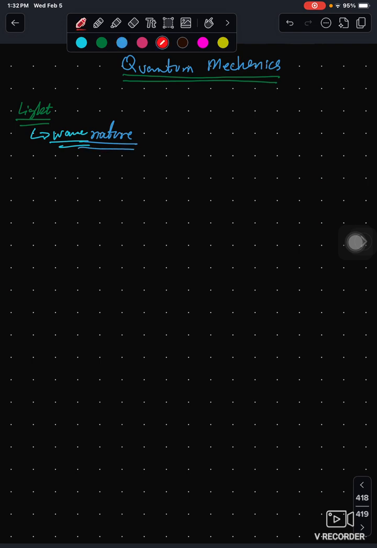Now, what light actually is, is a combination of two kinds of waves or two fields. It's a combination of an electric field and a magnetic field.